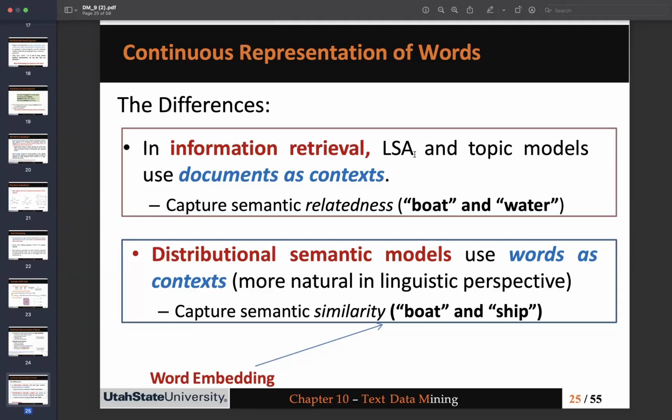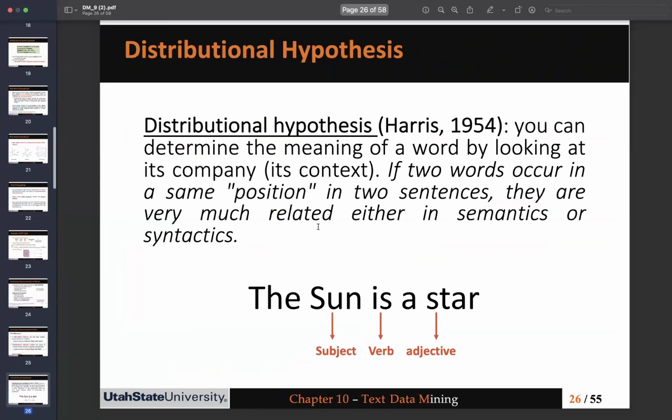While the models that use words as the context capture semantic similarity, meaning that they capture boat and ship being similar, and therefore their word embeddings are highly similar. While boat and water, in the first category of models such as LSA, might have similar vector representations just based on the fact that they are semantically related.